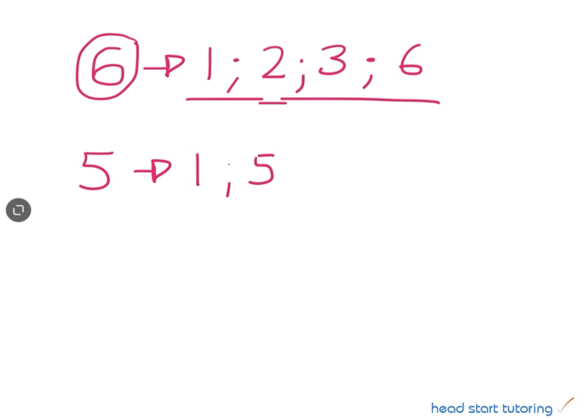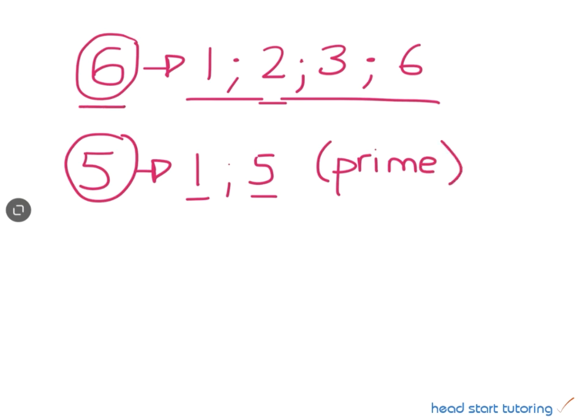And as we might already know, if a particular number only has 2 factors, that makes this number a prime number. If a particular number like 6 has more than 2 factors, it is called a composite number. Let's look at 14.